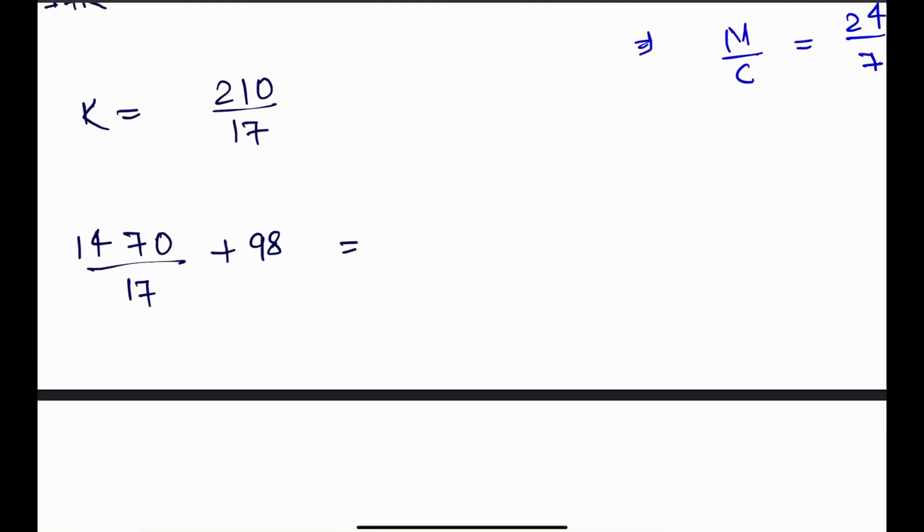So let's try to calculate it now. 17 8s are 136. 17 6s are 102, carry 8.